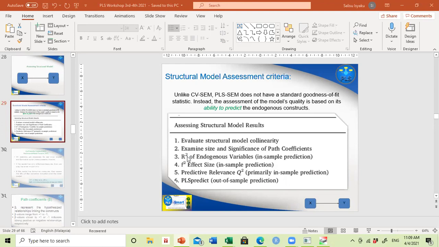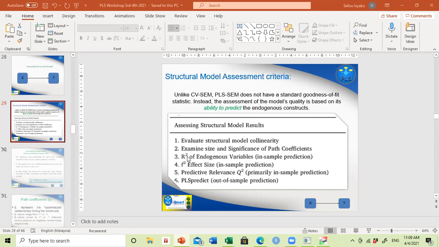Sorry. Next, we examine the R square. R square is called in-sample prediction. We want to predict how our model, how our items, how our constructs are predicting our constructs.